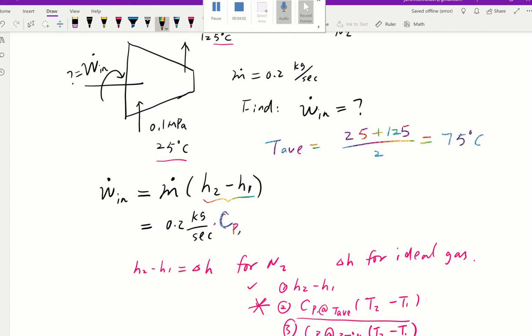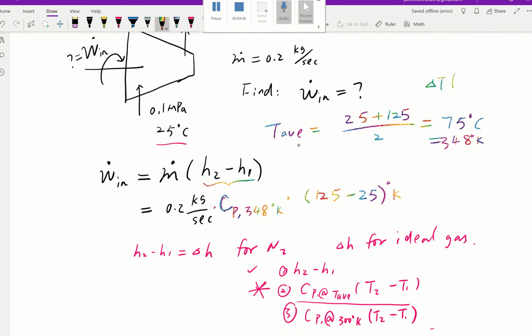We need to change that to Kelvin, so we add 273, which gives us 348 Kelvin. And then T2 minus T1 is 125 minus 25. Even though both are in degrees Celsius, we can use it as Kelvin because a change in degrees Celsius is the same delta T in Kelvin.